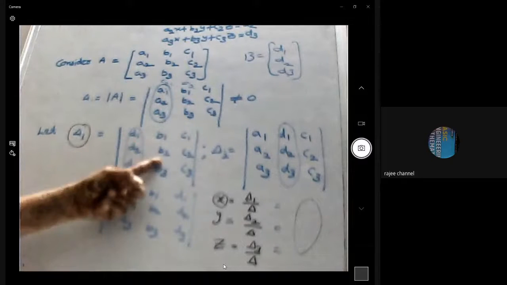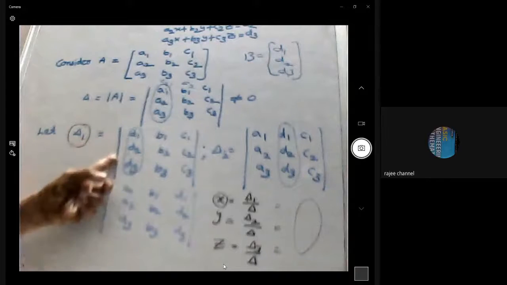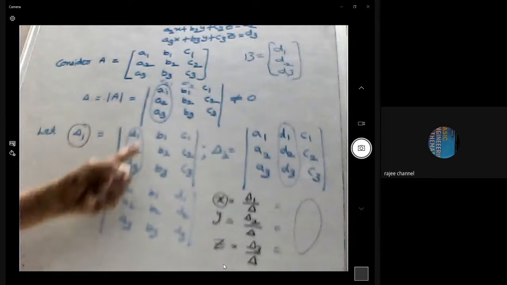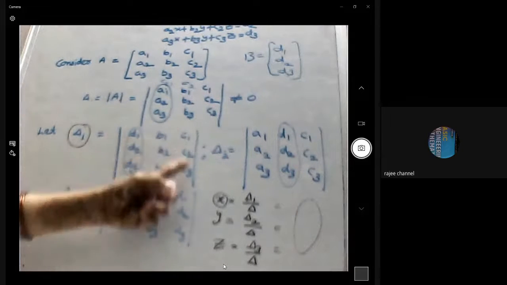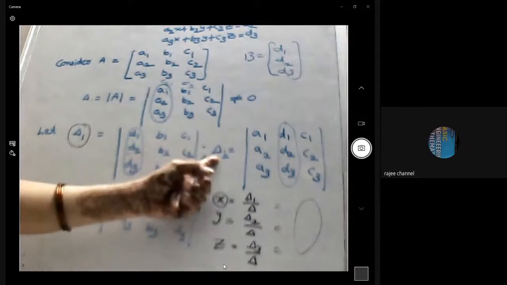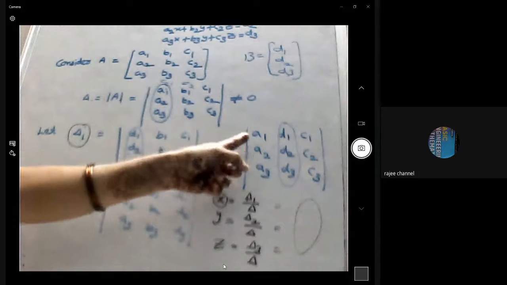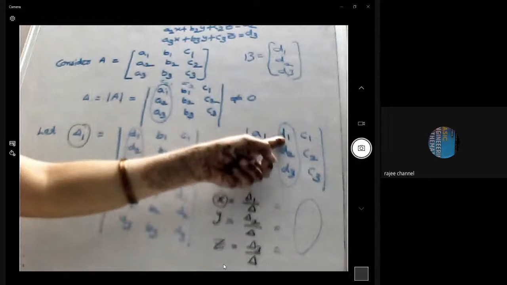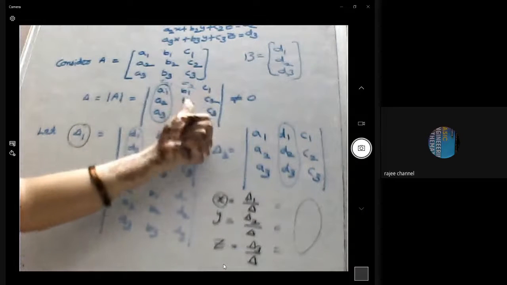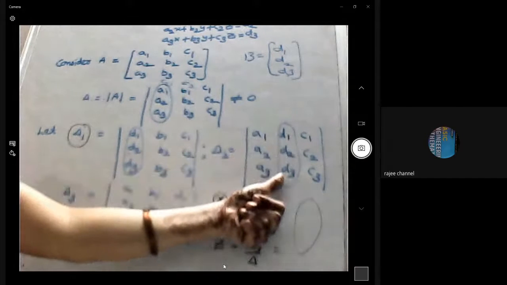The second and third columns we take as they are. So delta 1 is equal to the determinant d1, d2, d3, b1, b2, b3, c1, c2, c3. Now the next delta value is obtained by replacing the second column, b1, b2, b3, by the constants d1, d2, d3.